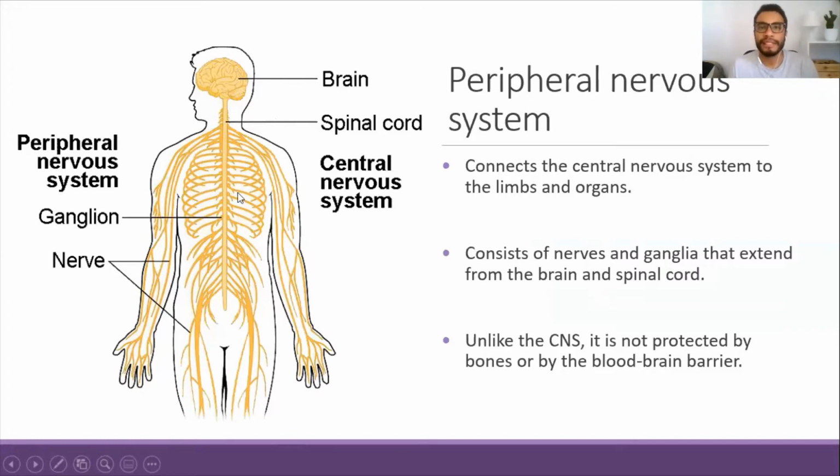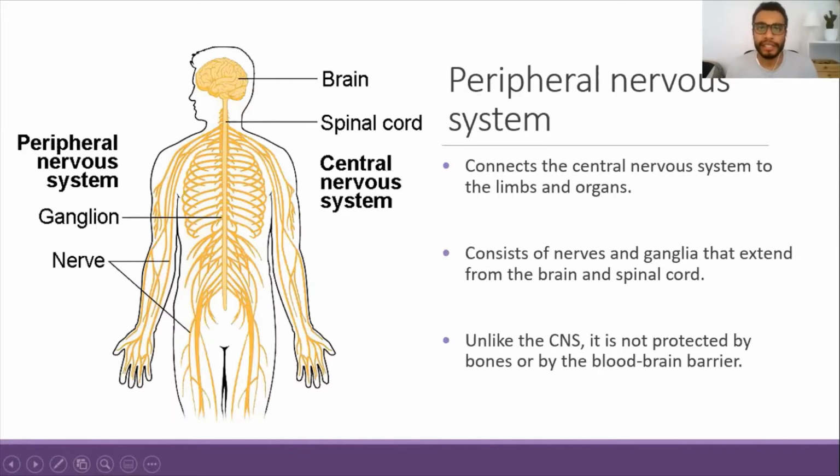We also have the presence of ganglia, those little structures that are present here next to the spinal cord. So basically, this system is composed of nerves and ganglia. Okay, so those are the constituents of the peripheral nervous system.